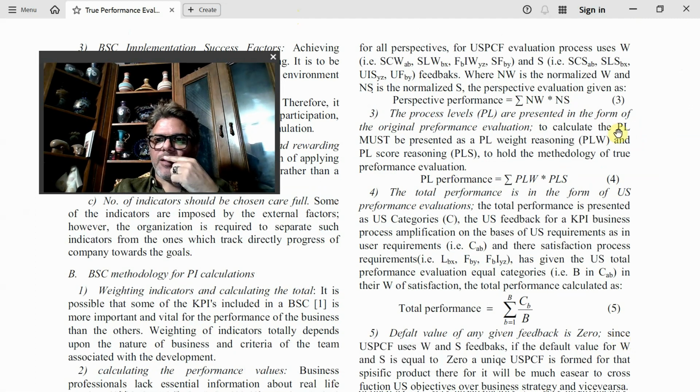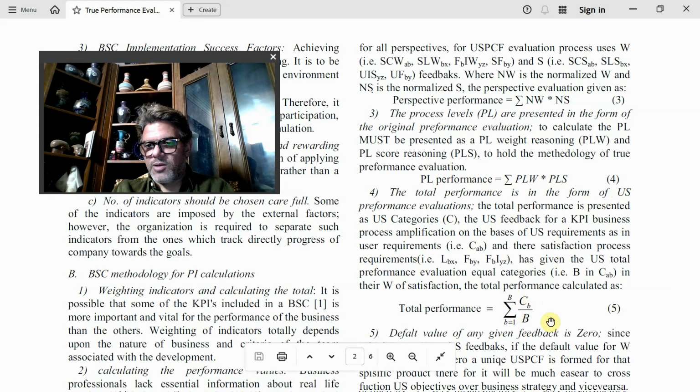To calculate the performance, levels must be presented as weight reasoning and level score reasoning. So weight and score. And the total performance will be the multiplication between the normalized level weights and the normalized level scores. The total performance in the form of user satisfaction is the sum of the categories divided by the number of categories.